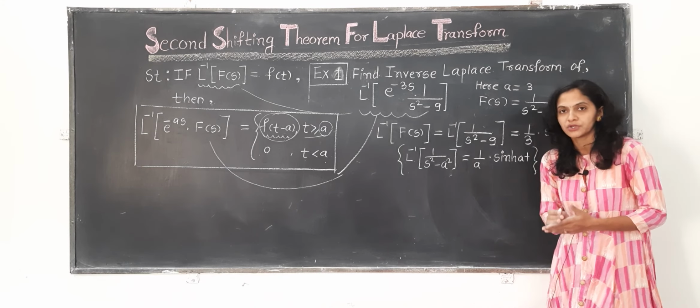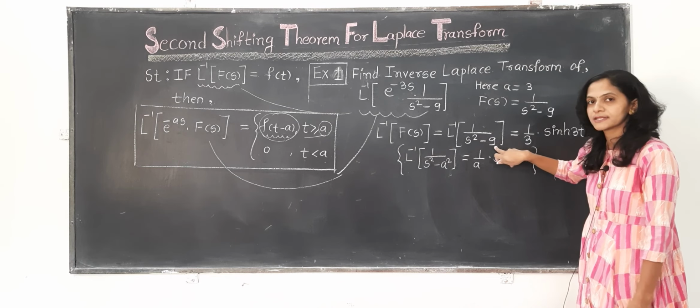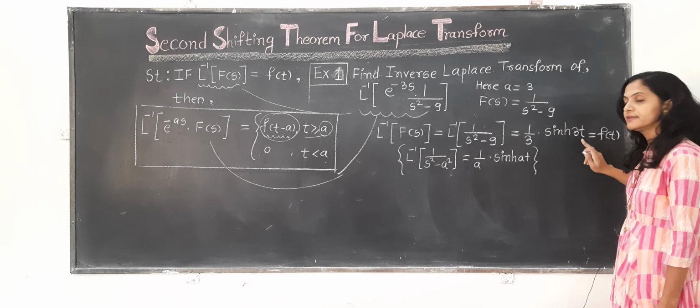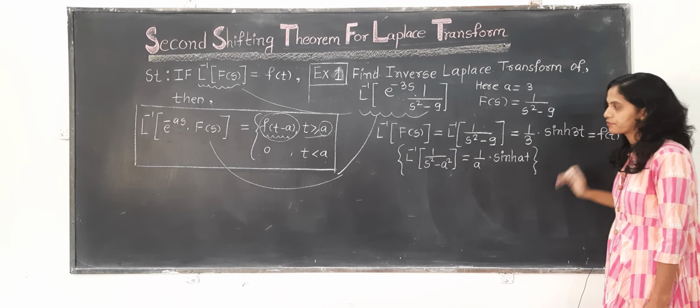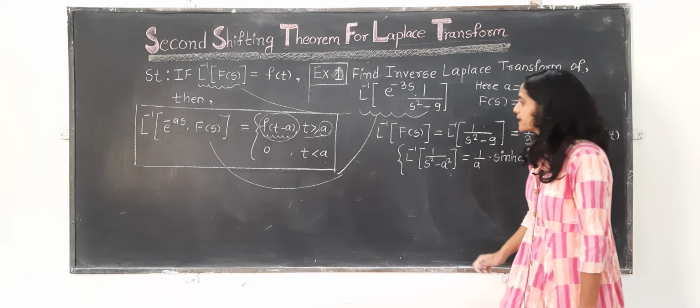So here the value of a is 3. That's why I have written here 1 by 3 hyperbolic sine 3t. So this is the value of f of t. Using this f of t, we can easily write f of t minus a.